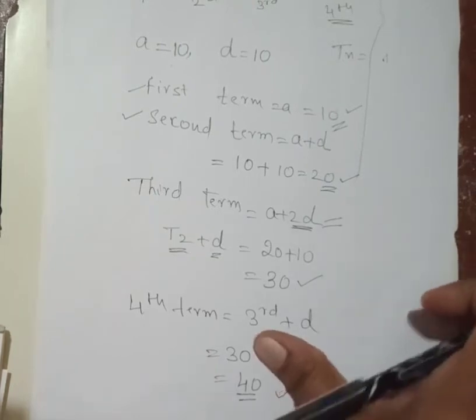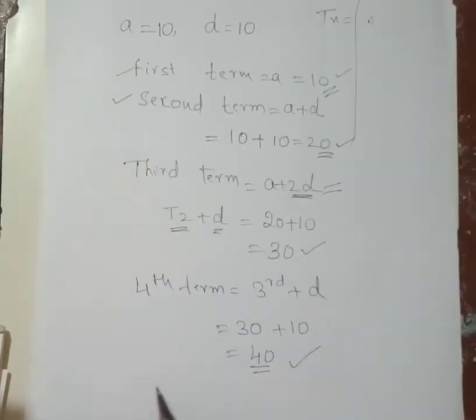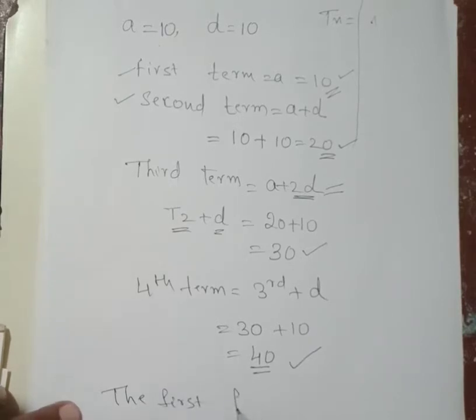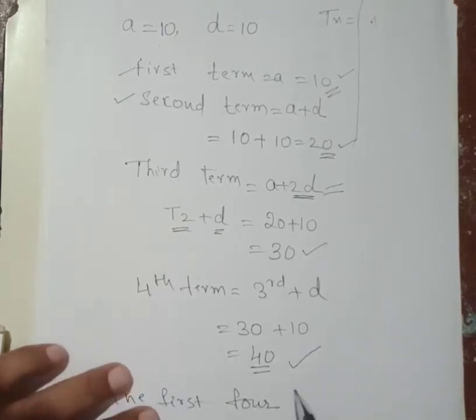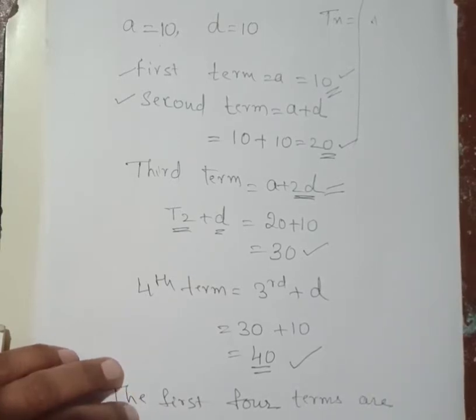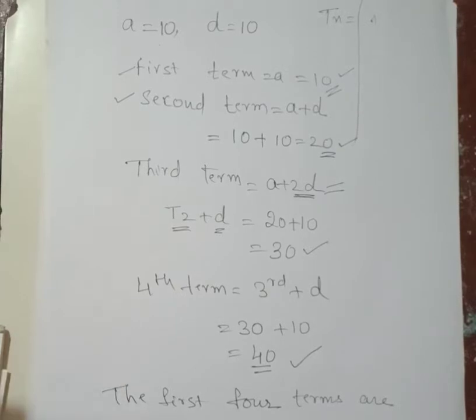So how do you conclude? You write systematically, because you are going to get marks for the method also: the 4 terms are 10, 20, 30 and 40. This way you are going to solve.